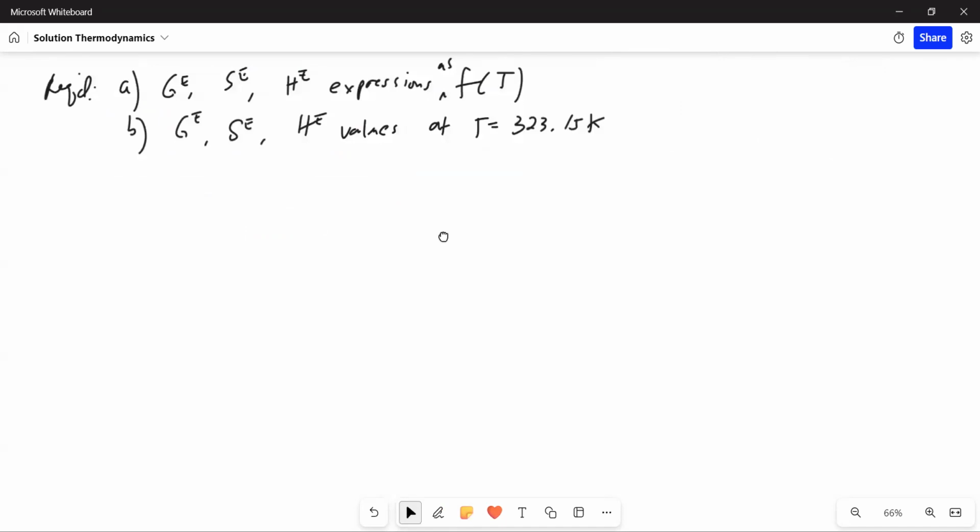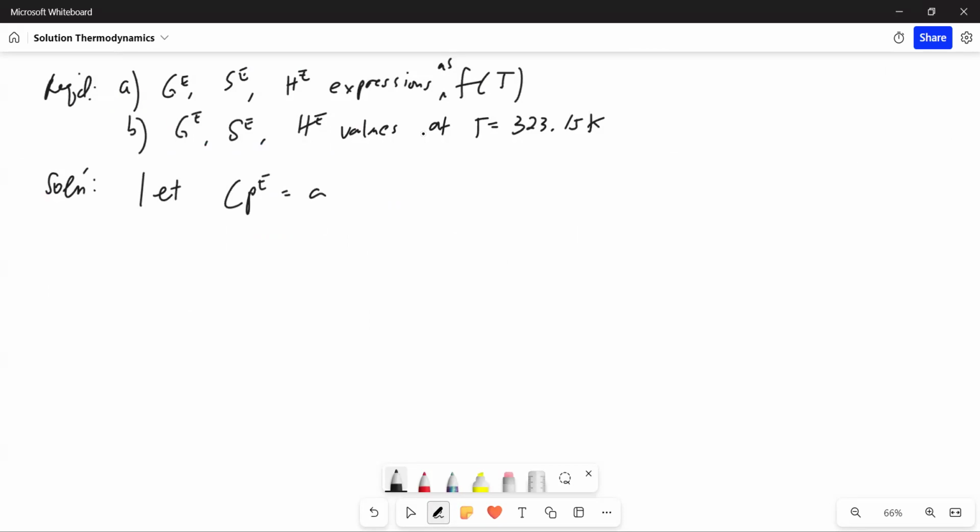So what's the first thing to do here? Solution. Again, we have let CPE equal to A, where A is a constant. Let's go back to the table to get an expression for CP.